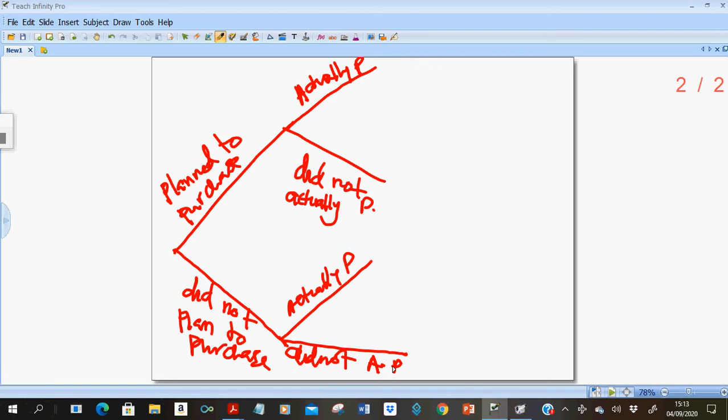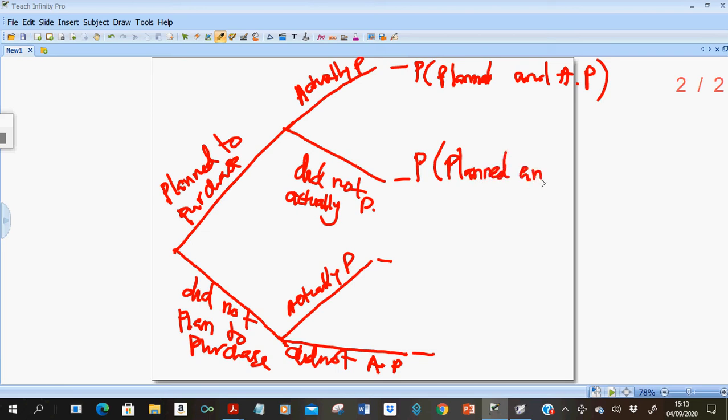We can actually calculate different probabilities based on this tree diagram. Here we can get the probability of those that planned and actually purchased. There we have those that planned to purchase and did not actually purchase.